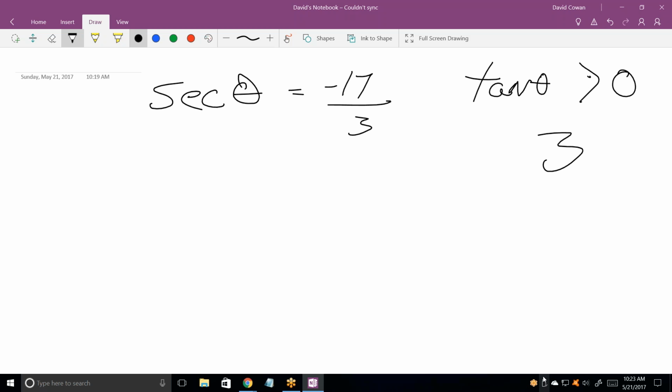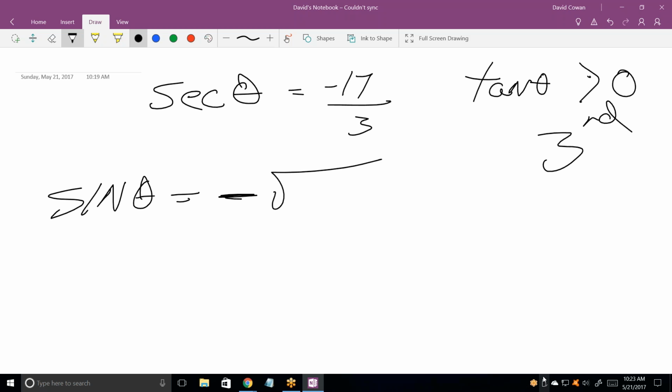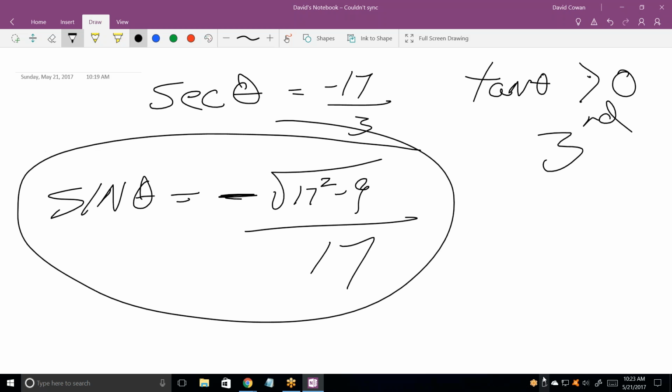So that would be the third. Now I draw the same picture and label it the same. The only thing is the sign is now going to be negative because it's in the third quadrant. So it'll be that same answer, only negative. So you always need two pieces of information to be able to figure out what quadrant it's in, unless they tell you.